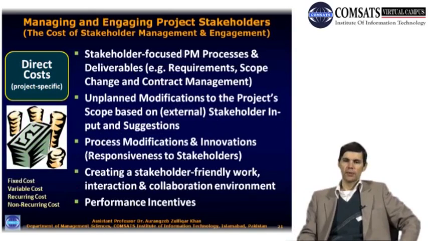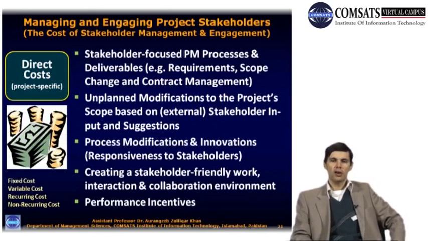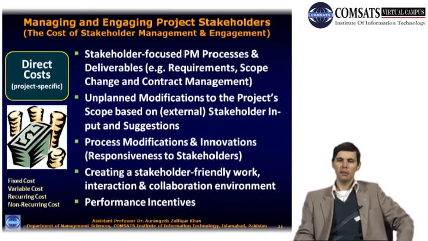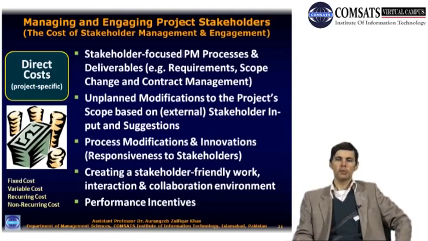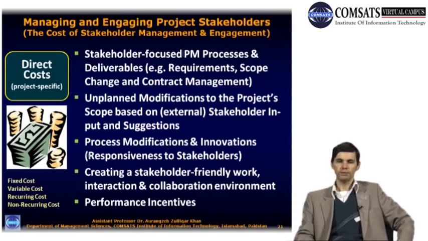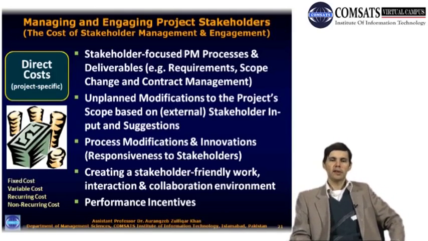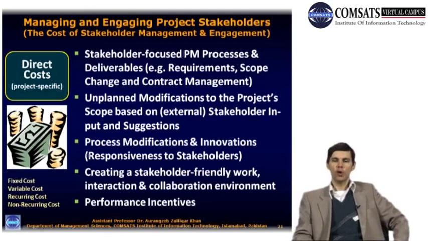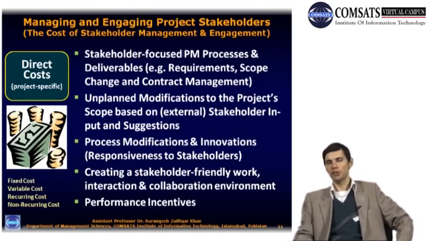Direct costs focus specifically on stakeholders. Well, there can be quite a few. For example, specific processes and deliverables which are stakeholder focused. Unplanned modifications to the project scope based on stakeholder input and suggestions.